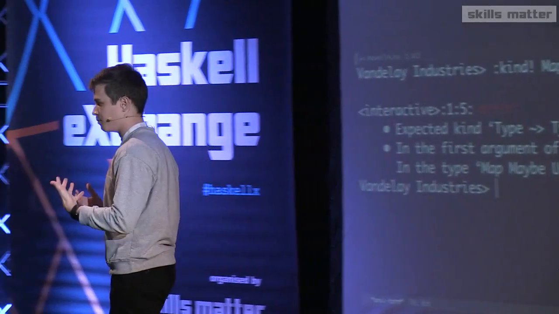Of course, that was the whole point of introducing this new kind, so that we can get these kind errors. But really, we still want a way to allow both mapping maybes and mapping type families, or DB types, say.